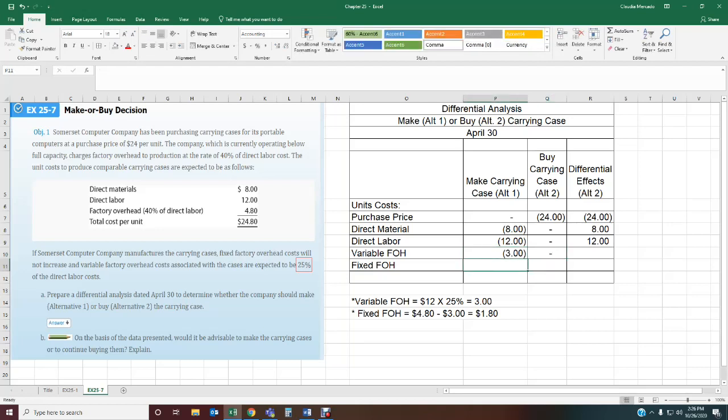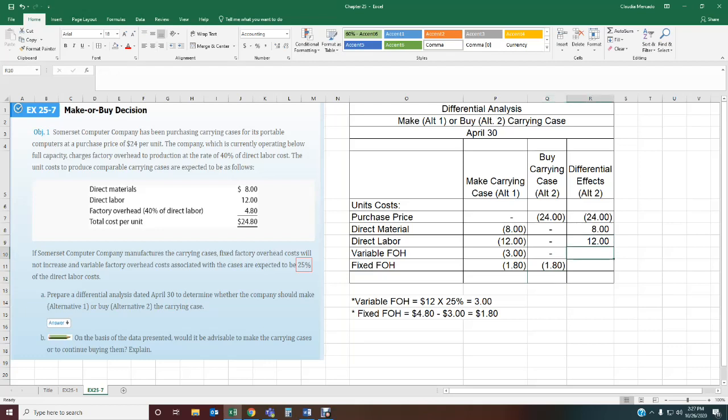For the fixed, regardless of whether you make the case or buy the case, you're going to have a fixed cost. We calculated it as total factory overhead of $4.80 minus variable overhead of $3. That gives me $1.80, which you're going to pay whether you buy or make the case. It says the fixed factory overhead cost will not increase, so it stays the same at $1.80.